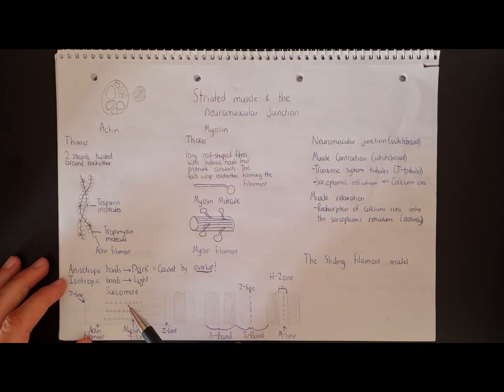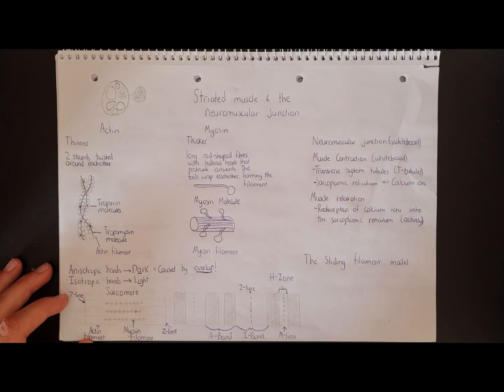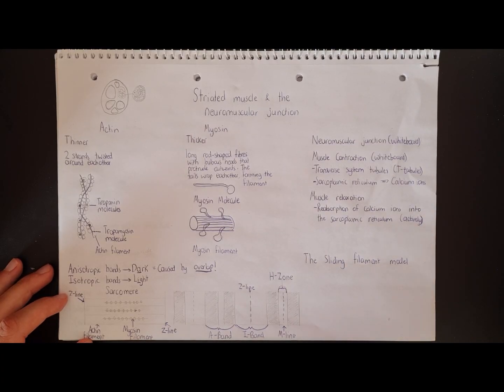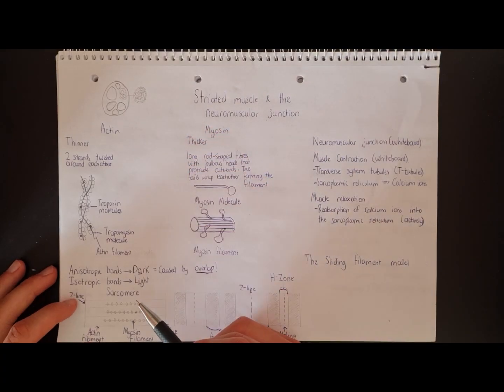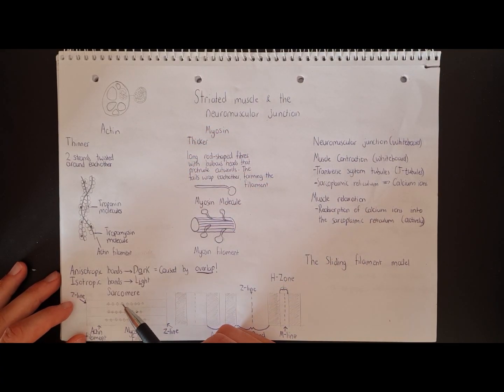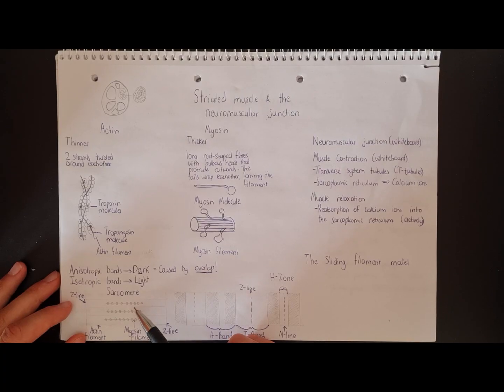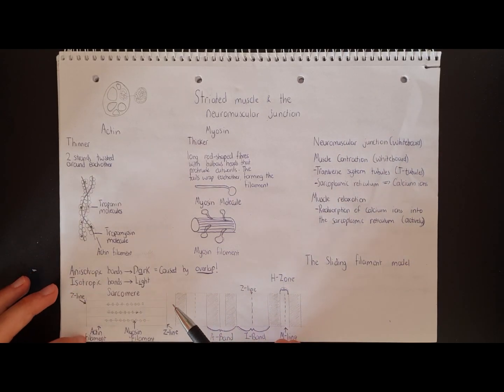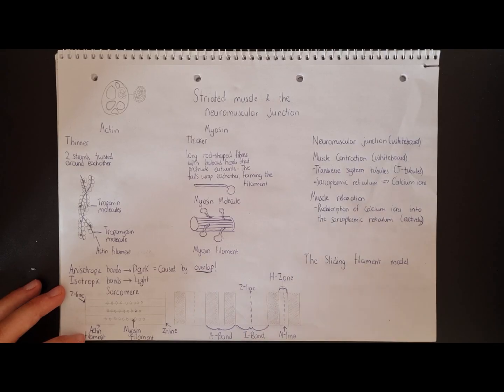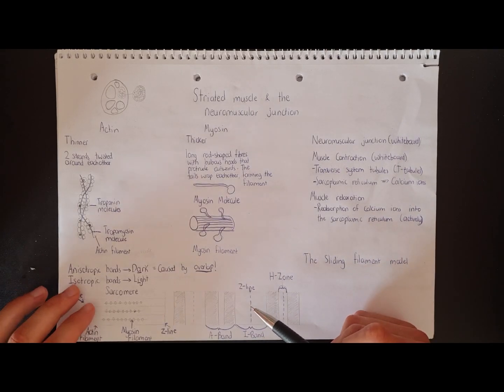Now, if we take a look here at a sarcomere, a sarcomere is one single unit of a myofibril. Now, we can see here that we have the myosin filament, which is this thicker filament, and we have the actin filament, which is this lighter filament. Now, we have these Z lines. So Z lines are in the middle of isotropic bands.